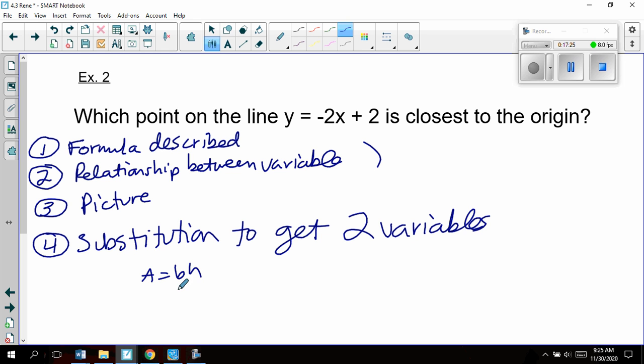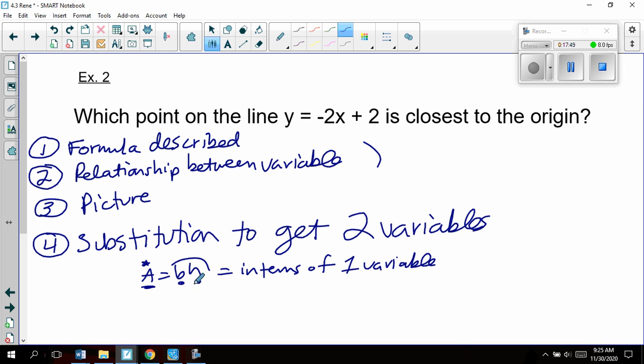Okay, so that's 3 variables. Your area is going to stay, so I would need to substitute either for b or h to be in terms of each other, or they both become x's or something like that. So one of your variables is your lone variable. It's this side that you need to get in terms, so I'll say in terms of one variable.